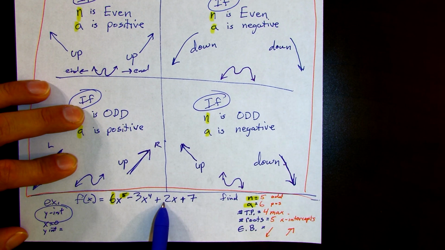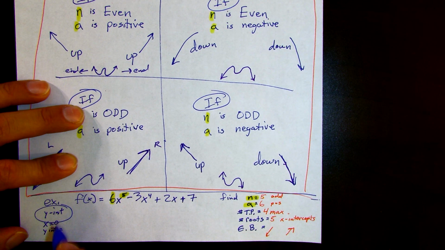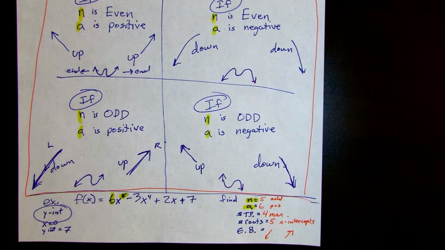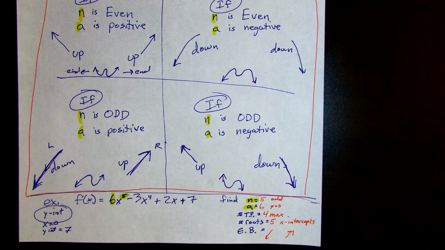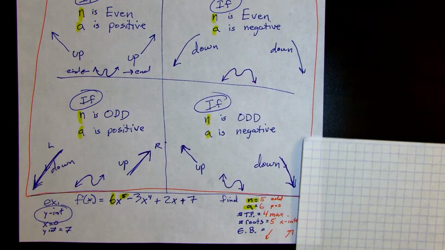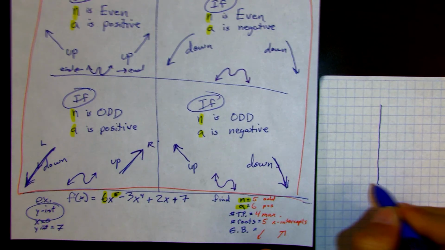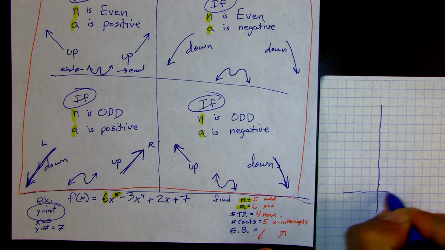So if I wanted to make a super rough sketch of this, here's what I know. I know that it crosses the y-axis at 1, 2, 3, 4, 5, 6, 7. All right. I know that it's going to go down, then up.